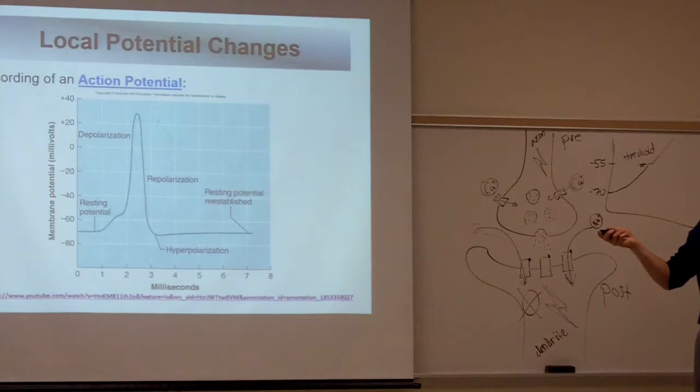Okay, and then as soon as it hits positive 30, it undergoes a uniform recharge. Okay, so the upshoot is called depolarization. Remember, depolarization means, this is weird, less negative. D means less, polarization is negative. So that means we're going into the positive range. And then once we hit positive 30, it swoops back down. That's called repolarization. That's easier because it means more negative. Recharging.